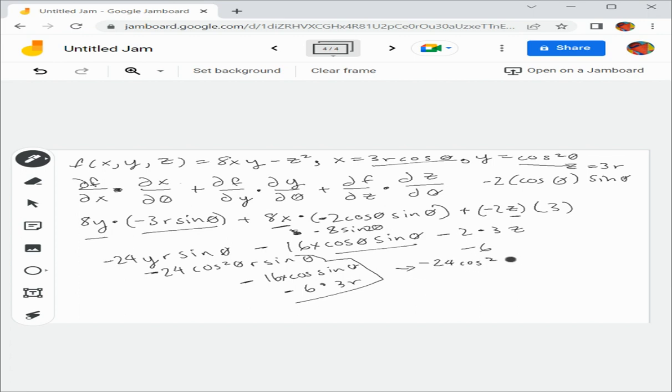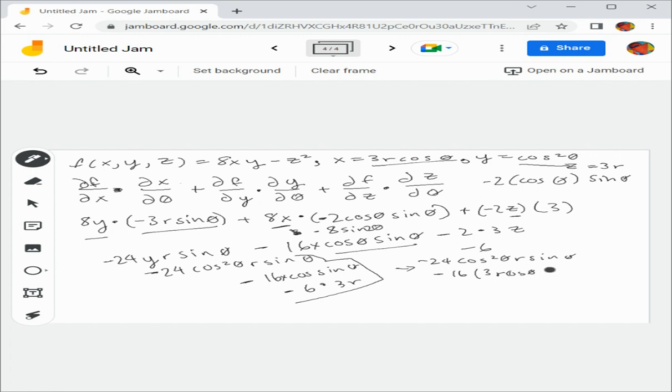I already need to change it again because I don't like this form over here. I think r should be more visible, because r is hiding in the corner. Okay, I don't care anymore. r sine, you see this? The r. Be careful of the r. And negative 16x, which is 3r cosine, really?